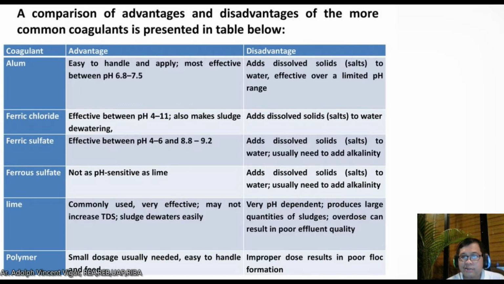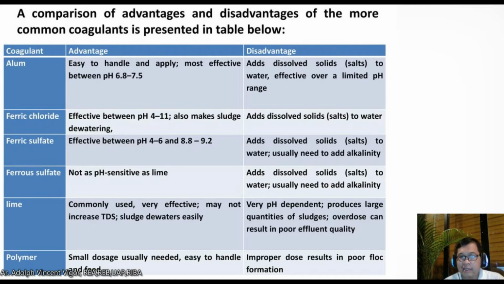It adds dissolved solids to water, and usually you need to add alkalinity. The next coagulant is ferrous sulfate, which is not as pH sensitive as lime. It adds dissolved solids to water, and usually you need to add alkalinity.